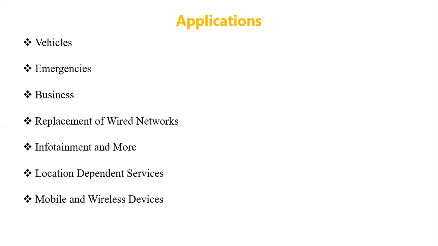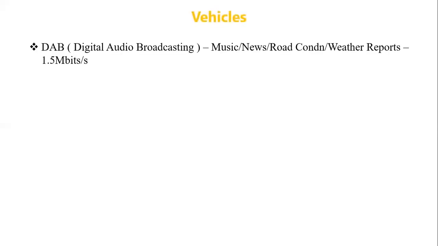Fine. So let us start with vehicles. Future vehicles may use a digital audio broadcasting technique, DAB, to get the details about news, road conditions, weather report, and for listening to music. This technology will work at a speed of 1.5 megabits per second.